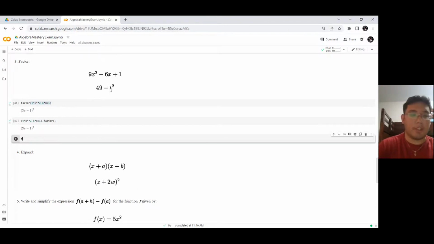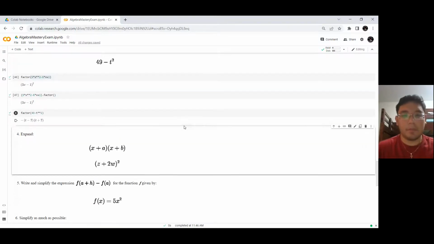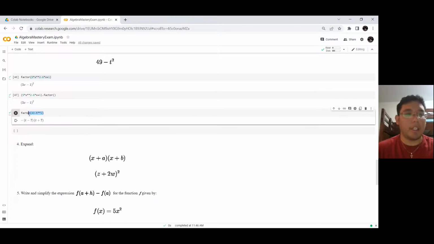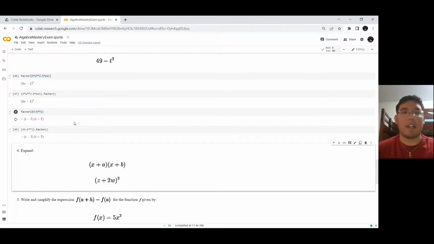Same thing for the next question. It will be factor 49 minus t squared. And if we write it in the object-oriented syntax, it gives us the exact same answer.